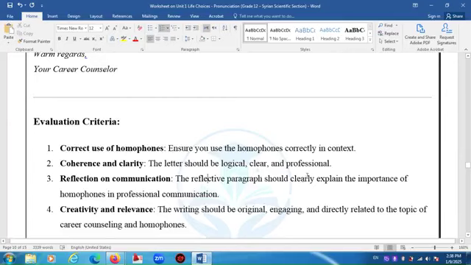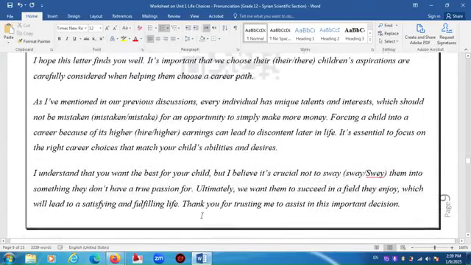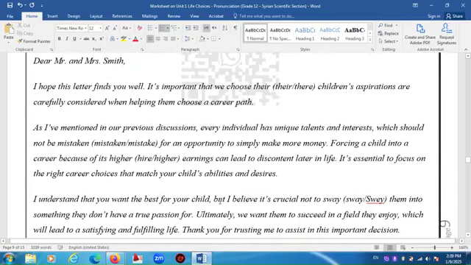The reflective paragraph should clearly explain the importance of homophones and professional communication. I used that, and I was creative in my writing, original, I was direct, and everything I wrote was related to the counseling or the topic which they asked me to do.